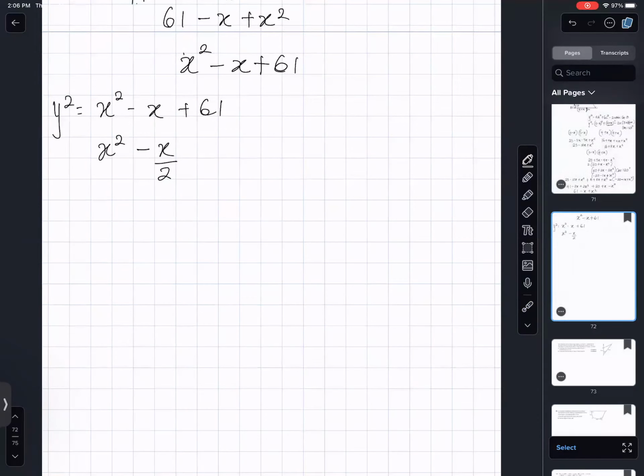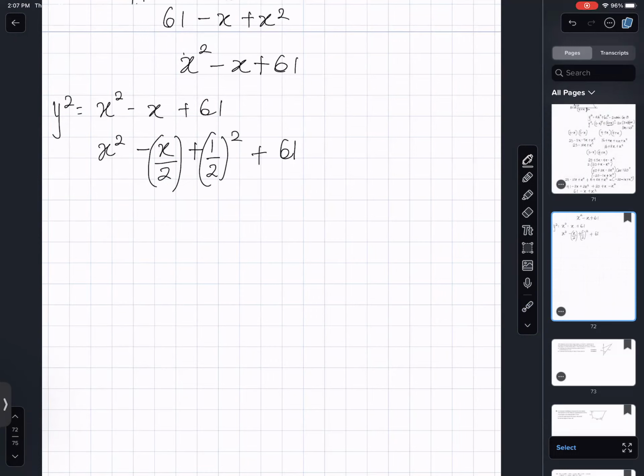And I will add it to the other side. After dividing the coefficient of x by 2, I will square it. That is 1 over 2 squared, plus 61. Same thing, you add to that.